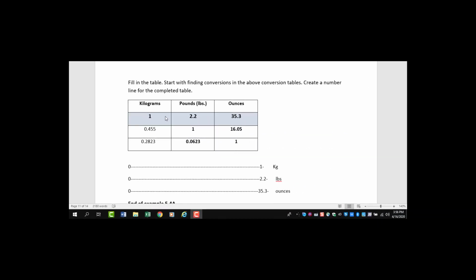Okay, I just want to put this table on a number line, just to make sure that you understand that the rows are equal. In other words, 1 kilogram equals 2.2 pounds equals 35.3 ounces.